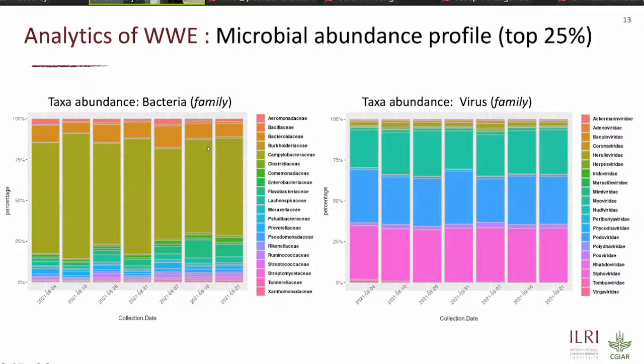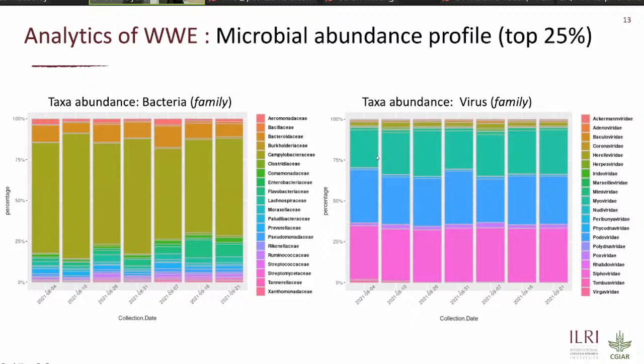For example, on my left here is the taxa abundance of bacteria that we detect, at a family level, and you can see quite a lot. This is sampling that was done at a particular population catchment over a period of time. And you can see how the abundance fluctuates with time.